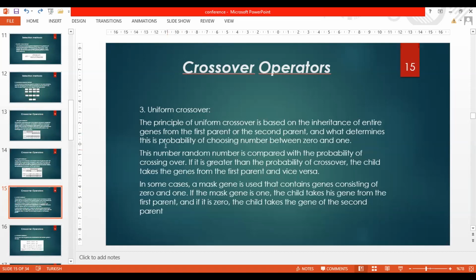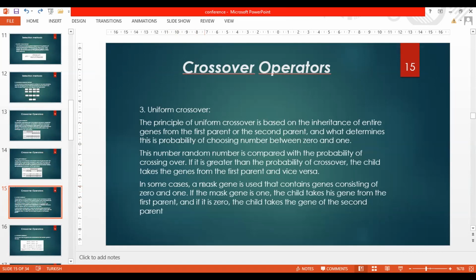Uniform crossover. The principle of the uniform crossover is based on the inheritance of entire genes from the first parent or the second parent, and what determines this is a probability of choosing a number between 0 and 1. This random number is compared with the probability of crossover.